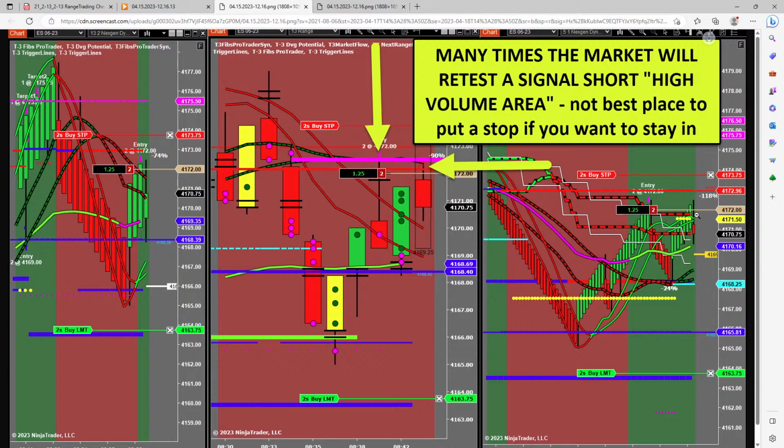So again, you have to say to yourself, is it worth the risk? Because you're going to look at this and go, a divergence. Is it going to get me? Right? And for me, as long as we don't close above all of our trigger lines, the trend is going to remain down for me.